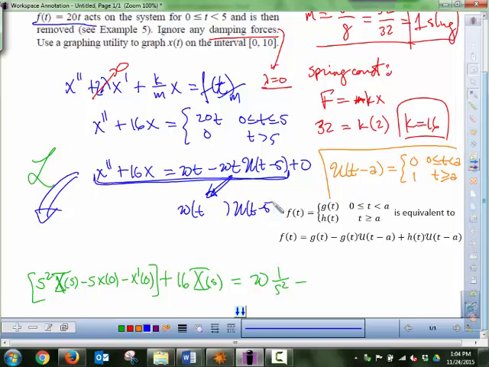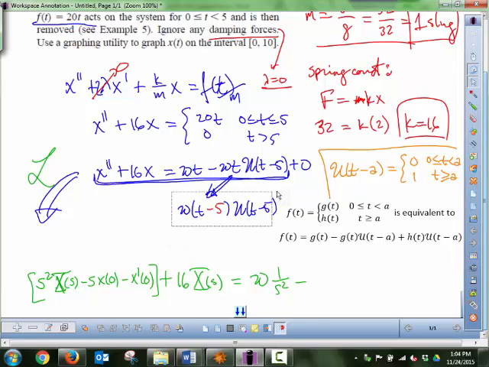So what I need is, I need to rewrite this as a 20t minus 5 so I can transform it into the S world.